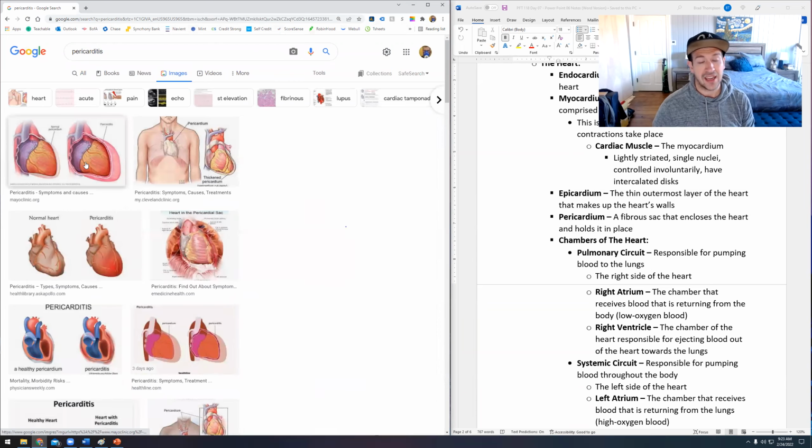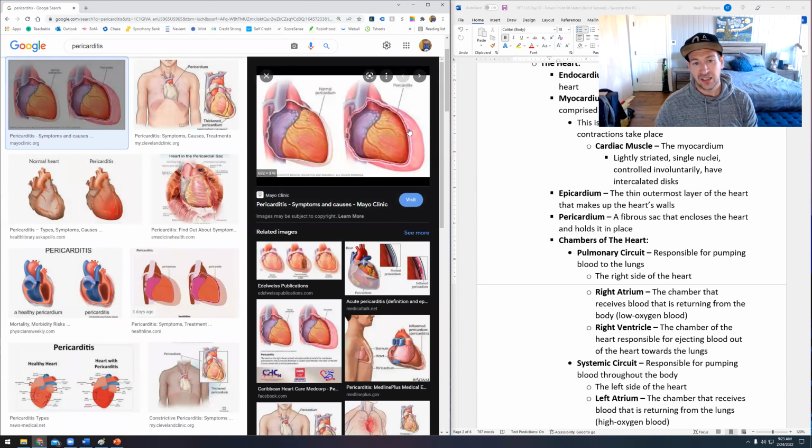And so then it gets inflamed, and you can see that sac right there, and that can cause the sac to be less slick. We think water is very slick, but it's definitely not as slick as mucus.